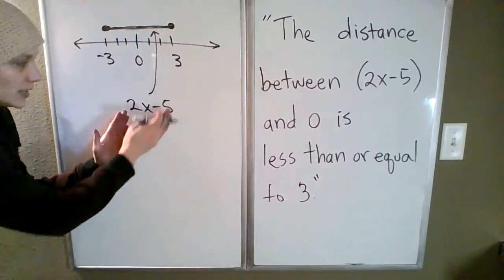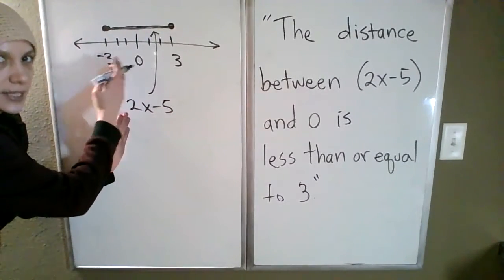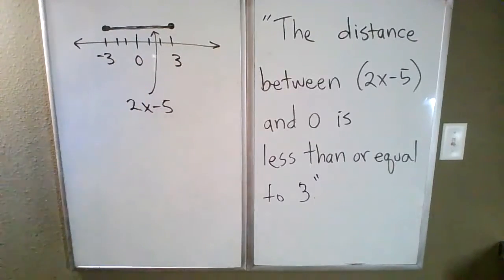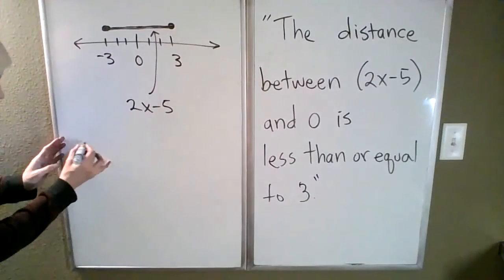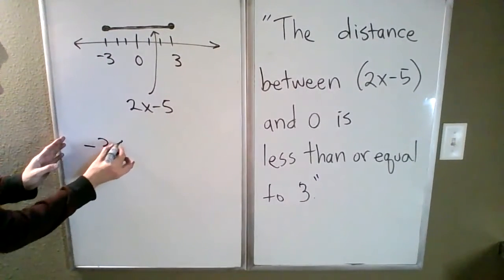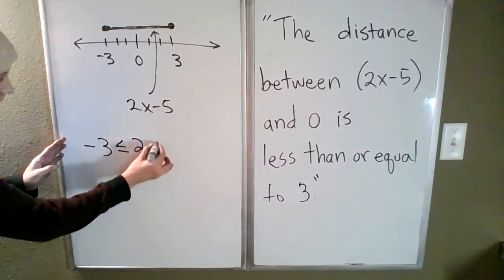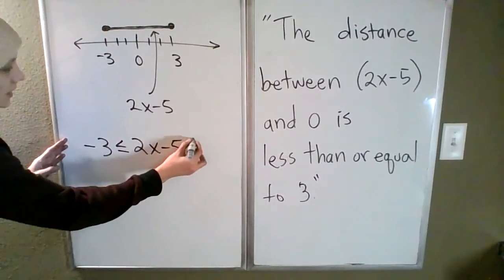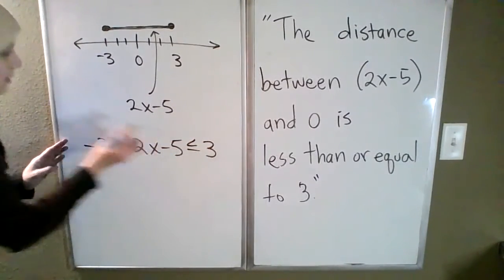Our number, whatever this value is, is between -3 and +3, which we're gonna write like this: -3 is less than or equal to 2x minus 5, which is less than or equal to 3.